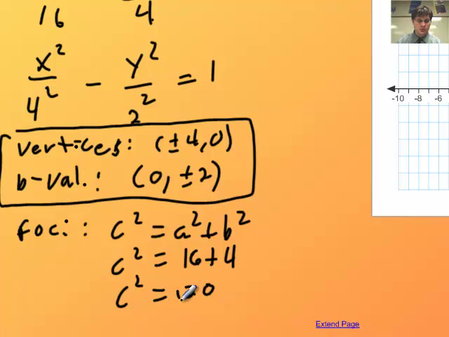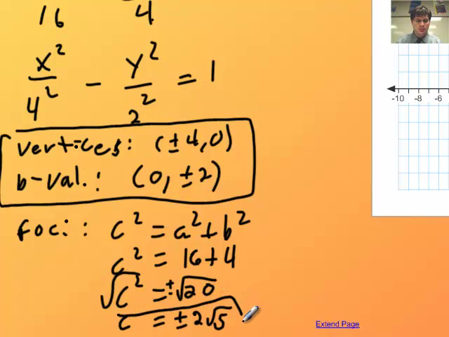I'll take the square root of both sides. So c equals plus or minus the square root of 20, and if we reduce 20, it's going to be 2 square root 5. Okay, so that's going to be my foci.